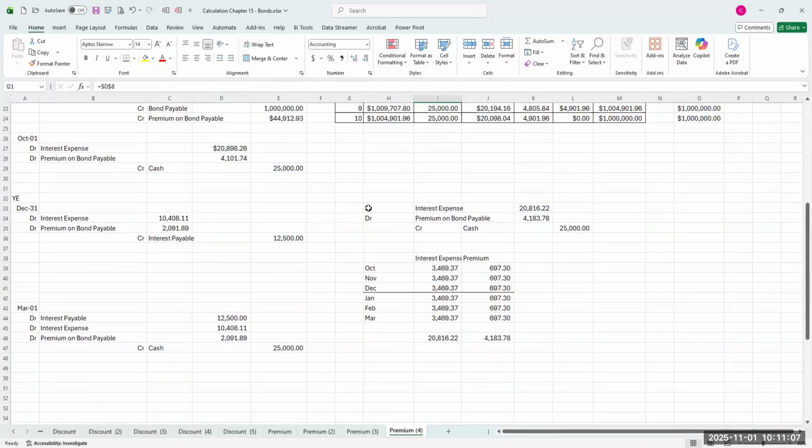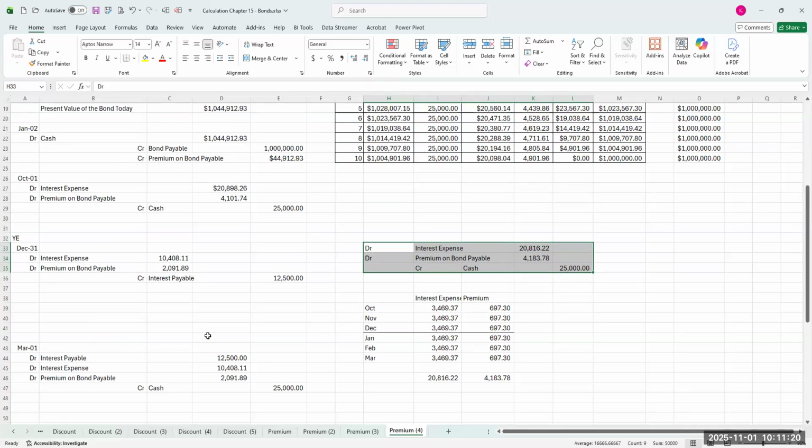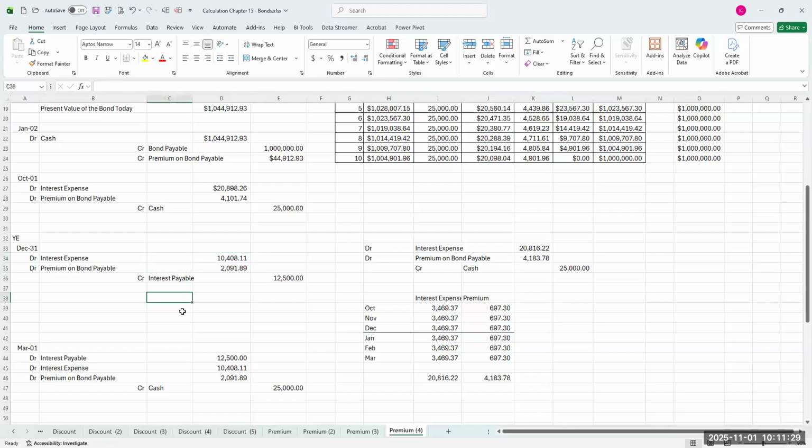And that's how you're splitting this journal entry into two journal entries by using interest payable in the middle. So if I combine those two, my interest expense is equal to the original interest expense.